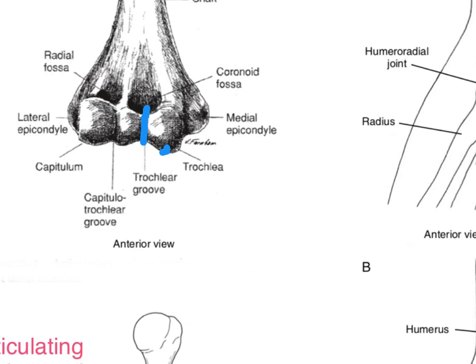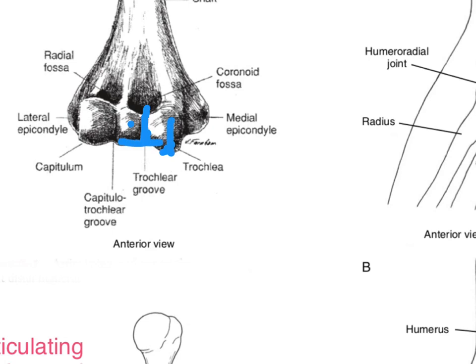That groove is called the trochlear groove, which spirals obliquely around the trochlea and divides the trochlea into a medial part and a lateral part. The medial portion of the trochlea projects distally downwards.